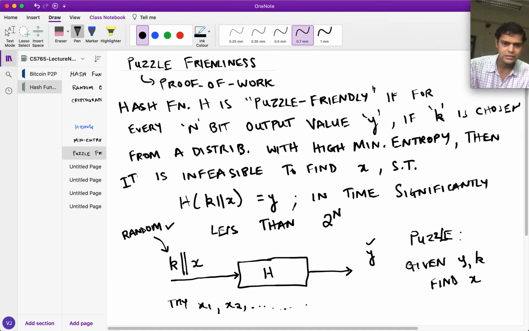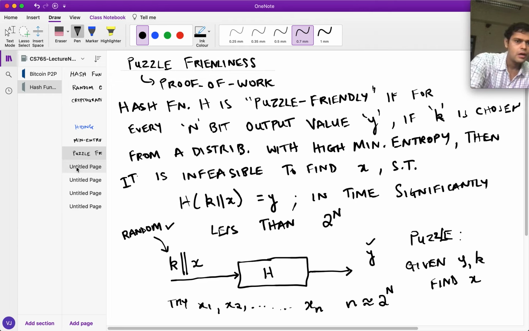So you have to try this a large number of times, and if the hash function is well designed and it's puzzle friendly, then the number of tries should be of the order of 2 to the power of n. So you keep trying this really many times till you actually solve the puzzle, till you get a value of x such that y is equal to H of k concatenated with x. Okay.